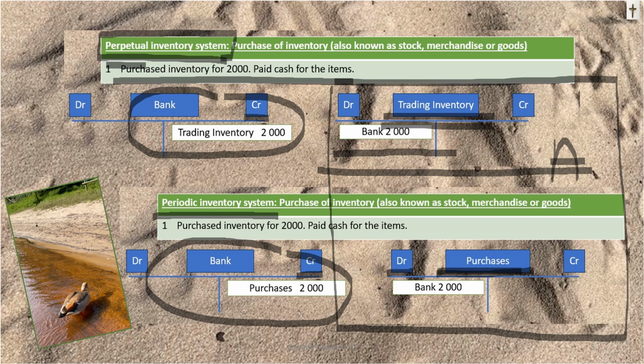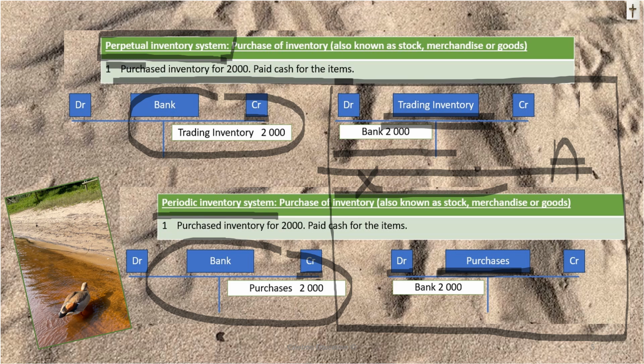In the perpetual inventory system, any movement in trading inventory during the year is recorded in the trading inventory account. So the balance of the trading inventory account, which would appear on the debit side, should be the same as if you did a stock count of all the items on your shelf in your shop.